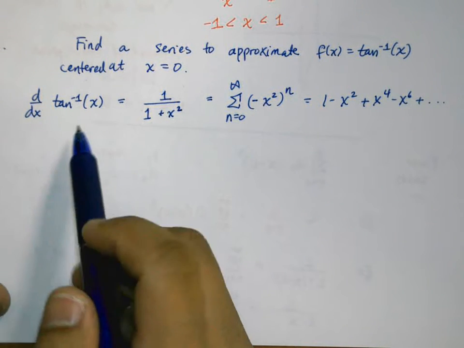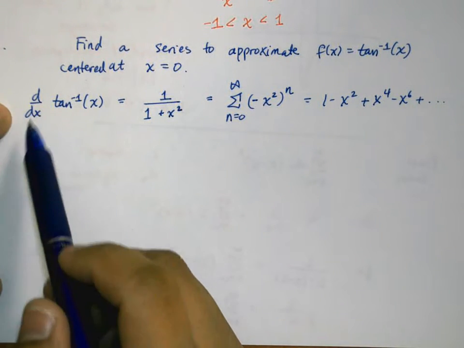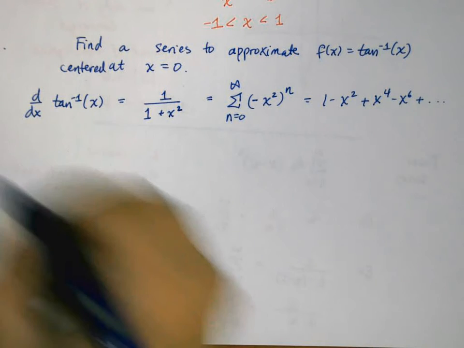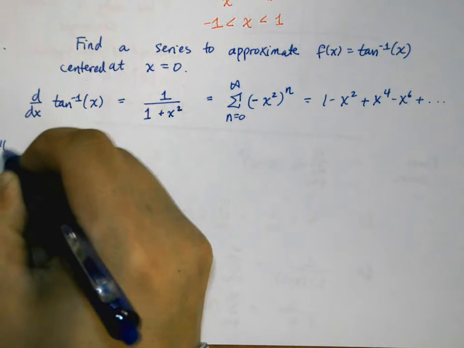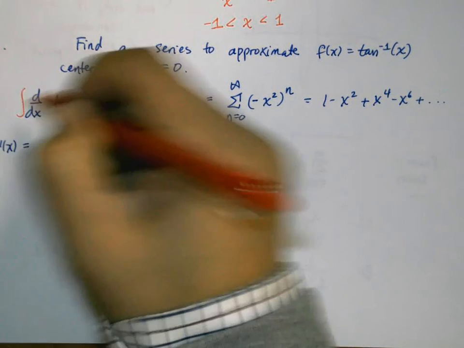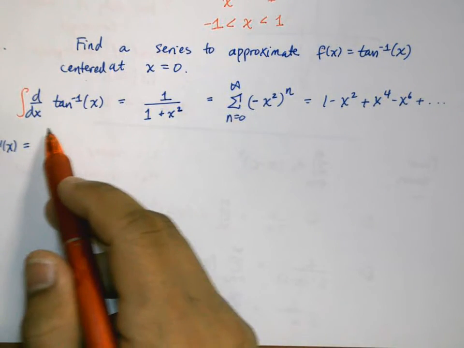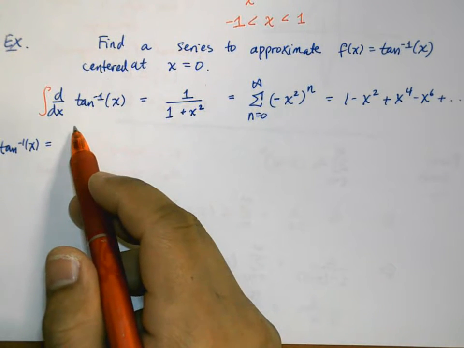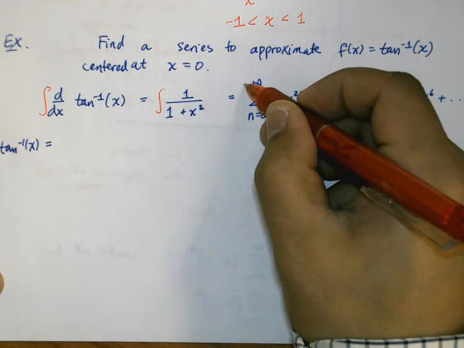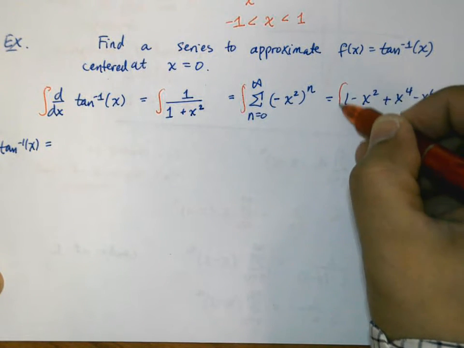Well, if we want to then go from the derivative back to the original function, we can just take the antiderivative of everything. So the tangent inverse function then must be equal to the antiderivative of all of this stuff. That's like taking the antiderivative of this series, and the antiderivative of this polynomial expansion.